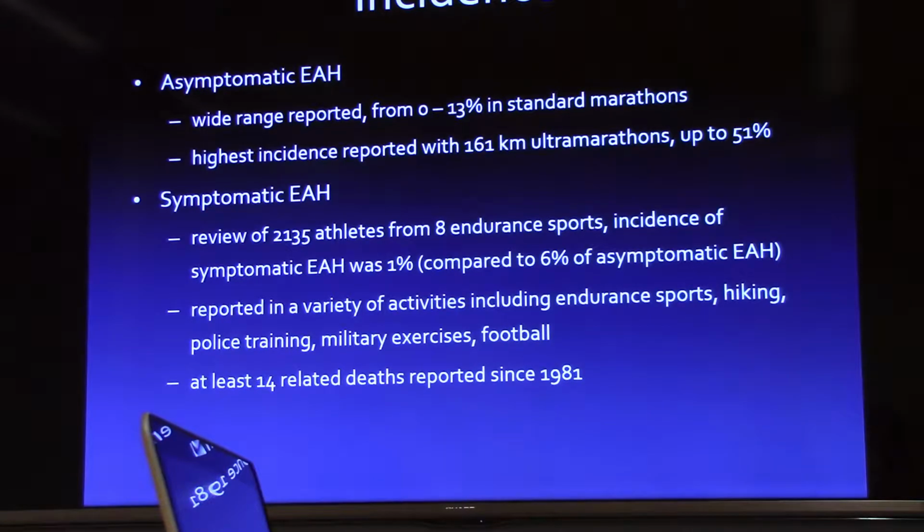Symptomatic EAH has been reported in a variety of activities, including endurance sports. This includes marathons, ultramarathons, triathlons, hiking, even police training, military exercises, football. Since about the 1980s, which was really a time that we started hearing more cases of symptomatic hyponatremia, there have been at least 14 related deaths reported.